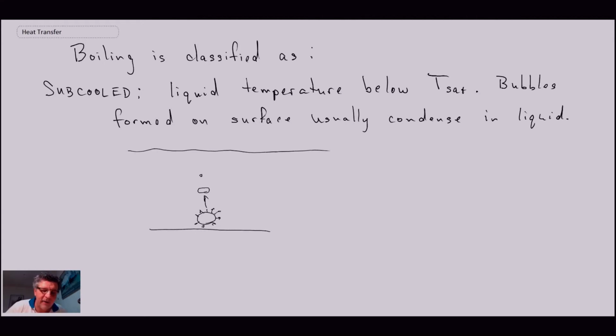That was because the liquid temperature was not high enough to sustain the bubble growth as it moved upwards. That is subcooled boiling, where we do have localized boiling down at the surface at the nucleation sites, but the bubbles don't make it all the way to the top, and so we're not getting much vapor coming out.